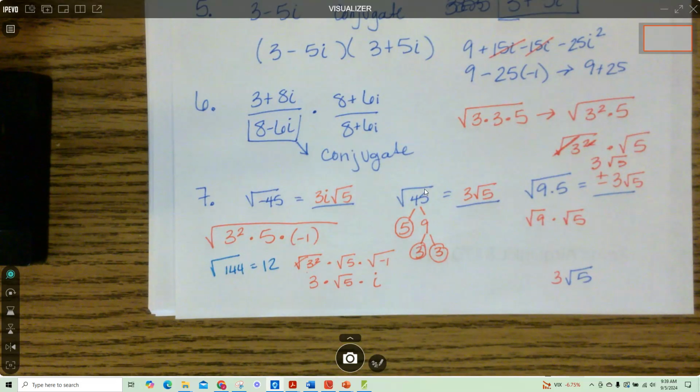Back it up. I think this one here is just 2 square root 17. And then this one would be 2i.